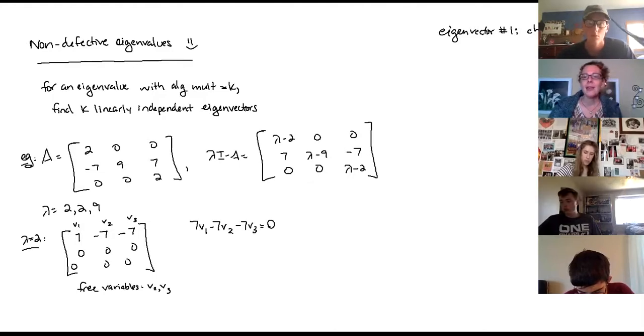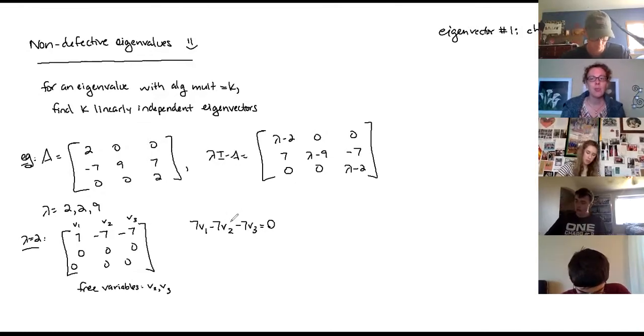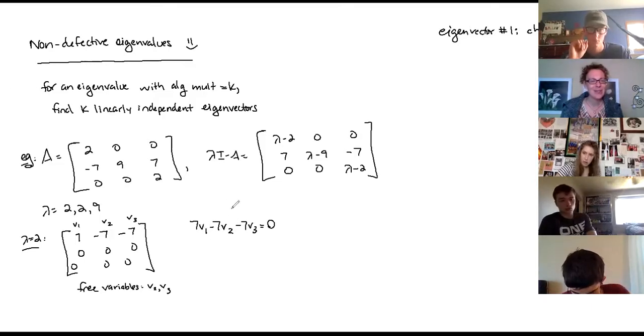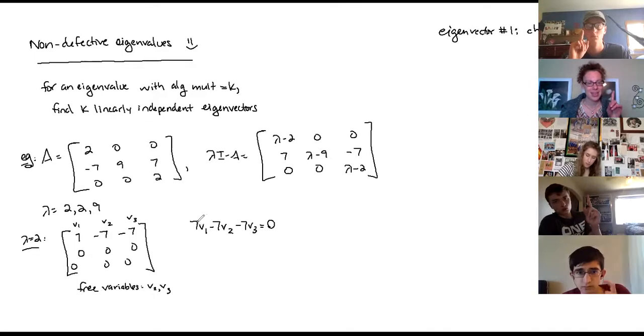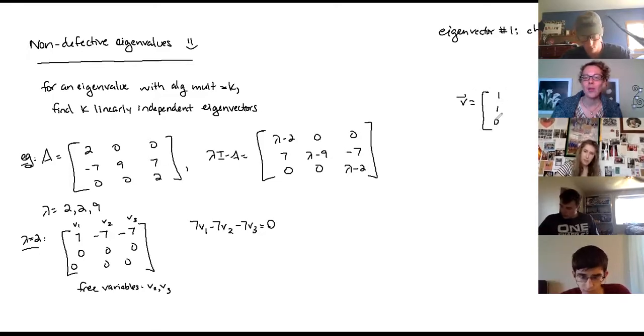And then V1, if you solve in your equation here, can we do this with fingers? We can do this with fingers. Solve for V1. What is V1 going to have to be in your equation? V1 is going to have to be 1. Yes, good. So eigenvector number 1, my vector V is 1, 1, 0, going in order, right?